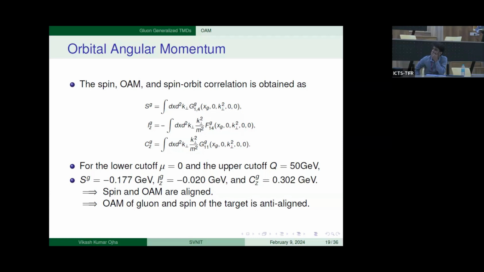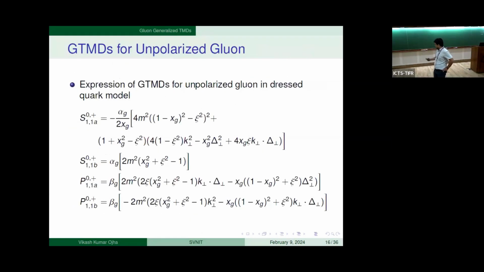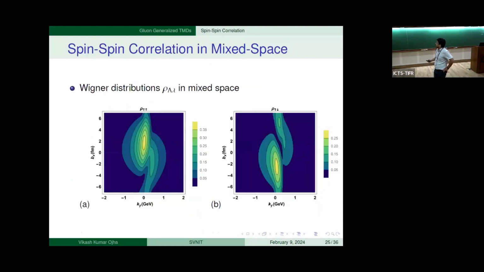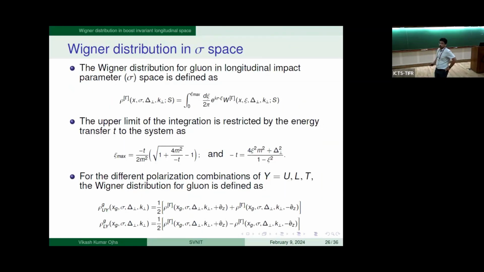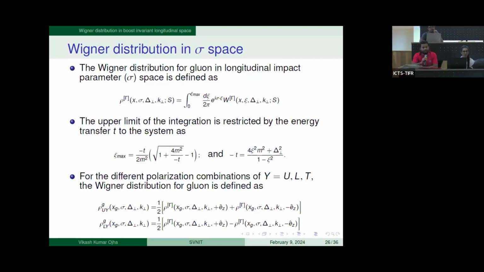While talking about the longitudinal momentum, longitudinal position space Wigner distributions, you have this integration of zeta max that you just mentioned. It should also depend on x. Which x you are choosing will decide your integration limit, I think.